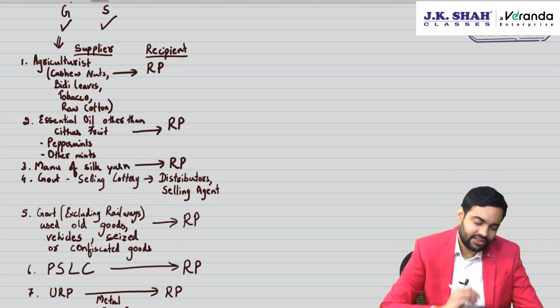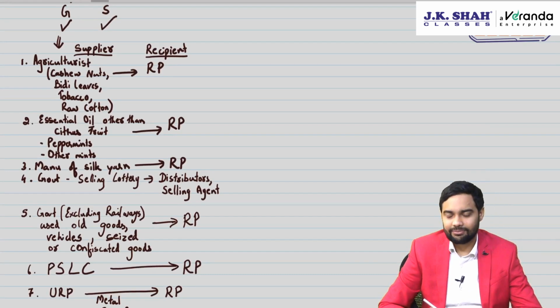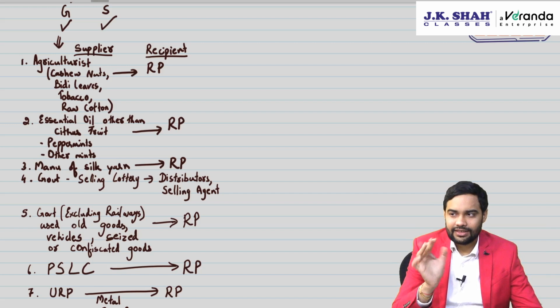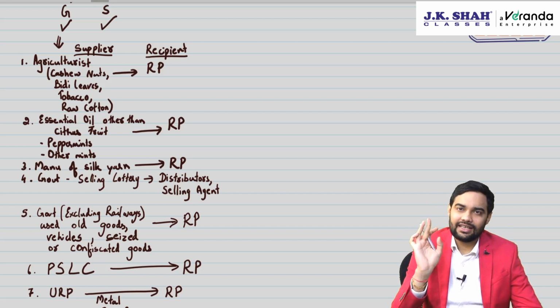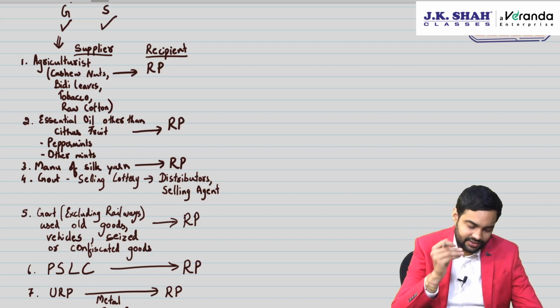First we dealt with goods which are covered under RCM. First one was agriculturist, 4 products: cashew nut, BD leaves or tendu leaves, tobacco, raw cotton. Then we have essential oils, again being provided to a registered person. If it contains citrus fruit, then in that case it will not be covered.